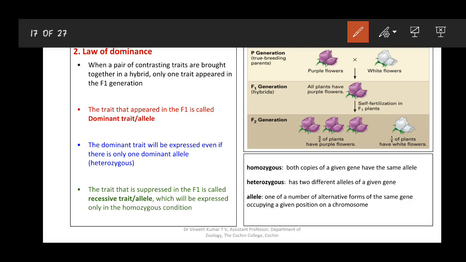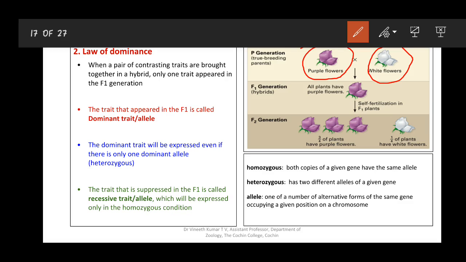He says that if a pair of contrasting characters are brought together in a cross, in the F1 generation, say one is purple and the other is white, both clearly distinct, then if you get purple, you can directly match it with one of the parents. If you get white, you can directly match it with the other parent.